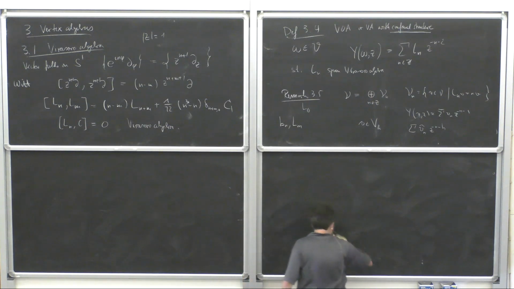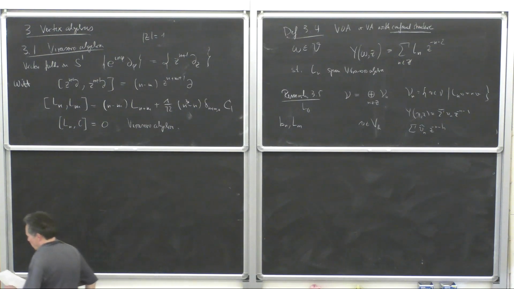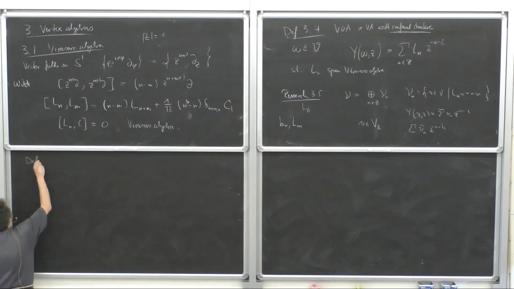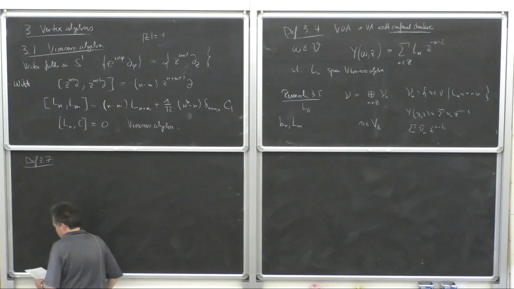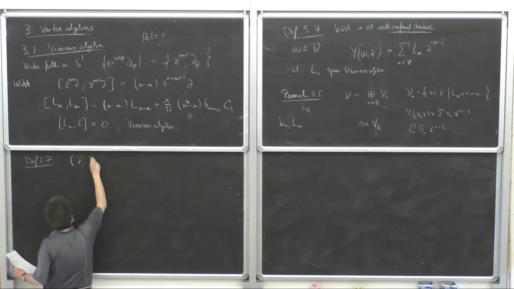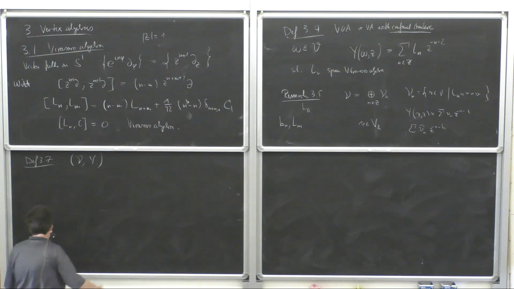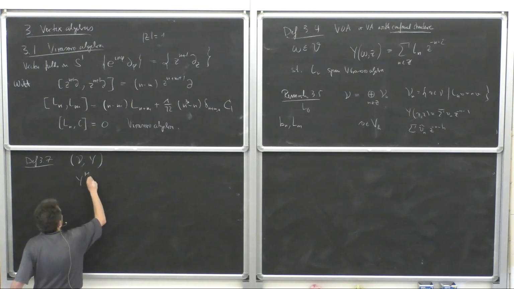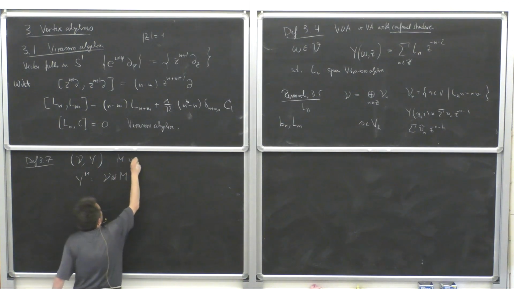Okay, good. So maybe first, again, a quick definition. What is a module over a VOA? Well, we have a VOA V and here our map Y. This will be a linear map from V tensor M, where M is a vector space.